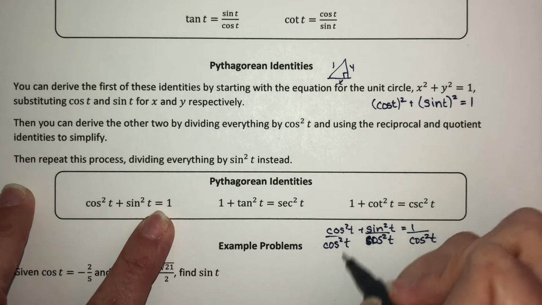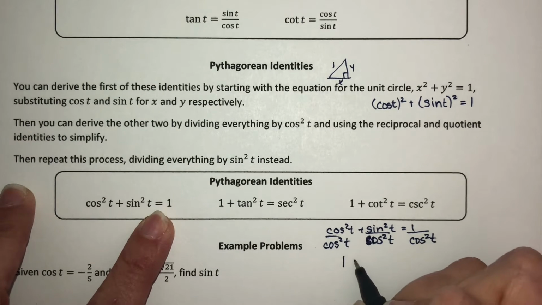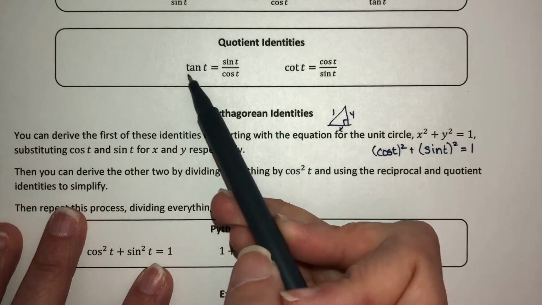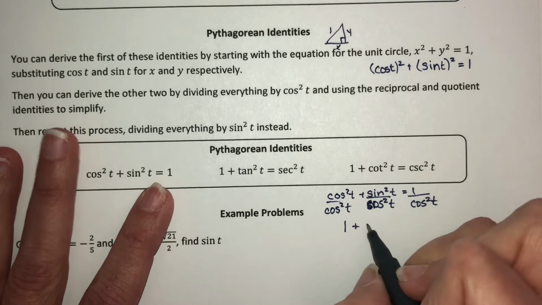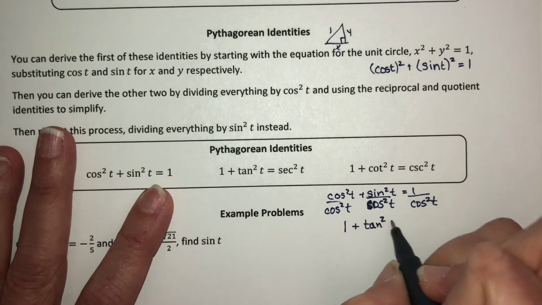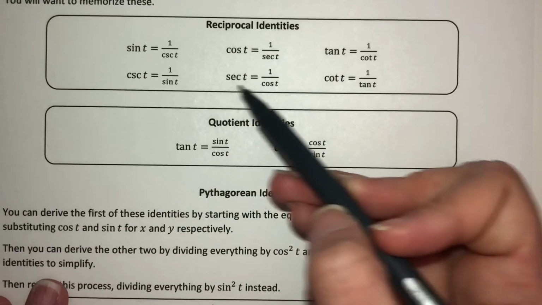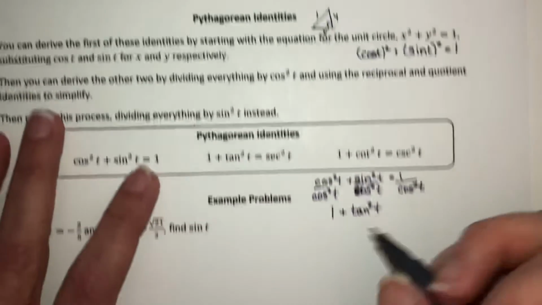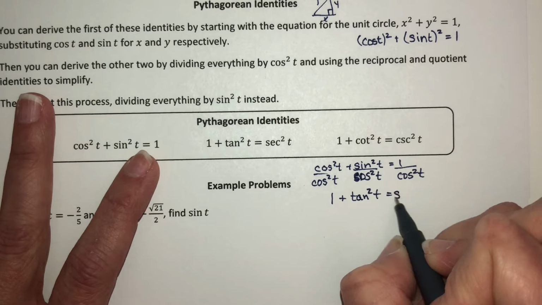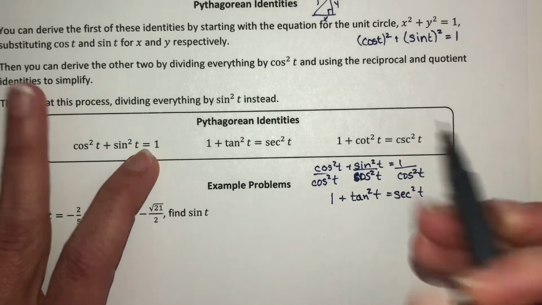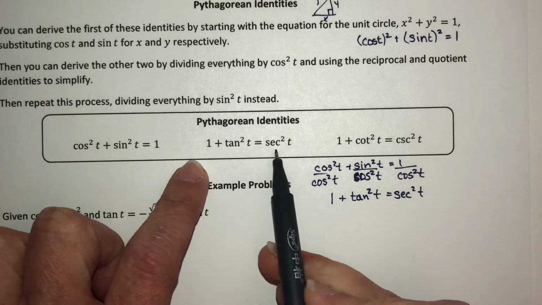Well, here I'm dividing it by itself, so that's definitely a 1. We know that sine over cosine is tangent, so this is tangent squared of t. And we know 1 over cosine is secant, so this is secant squared of t. And you can see you've got your second identity here.